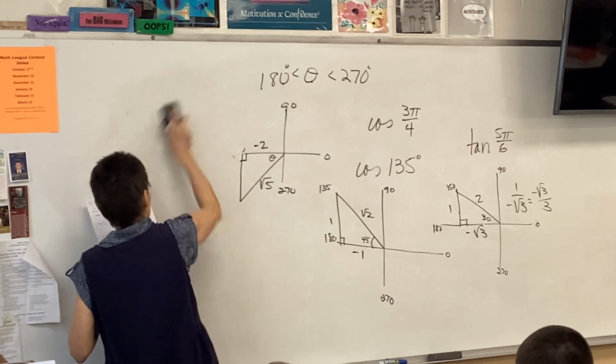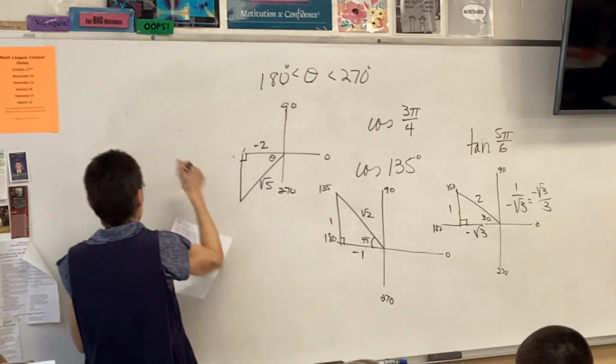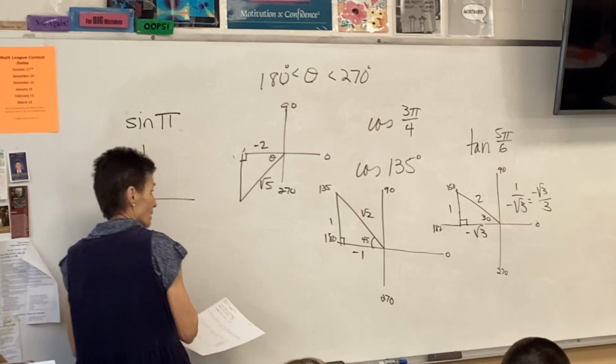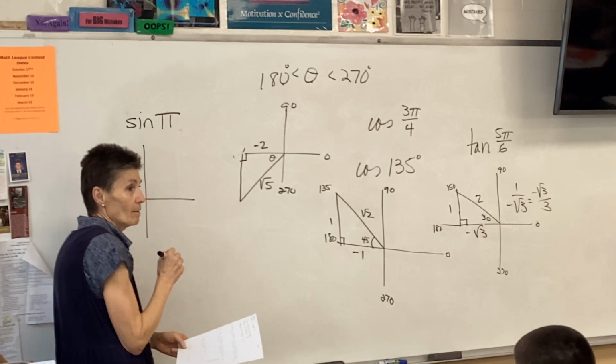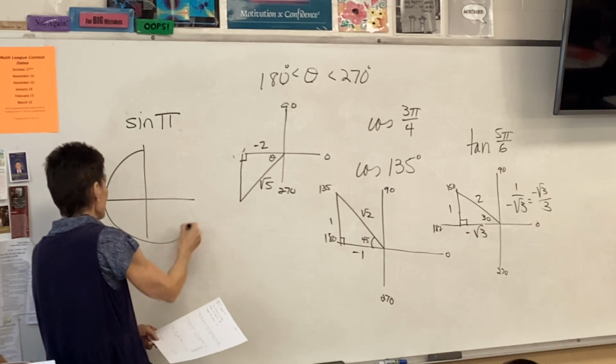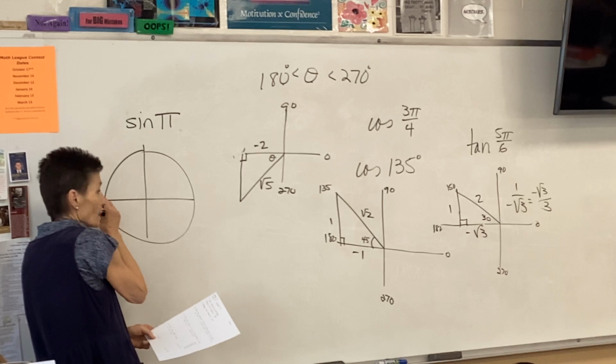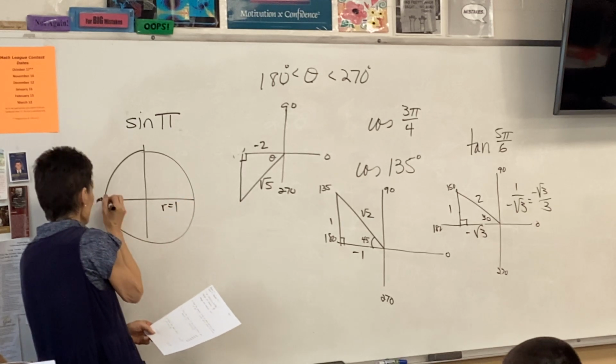Get rid of these last two, then we'll be out of time. Sine pi. Whoa, wait a minute. What's going on here? Sine pi. That's 180 which is right here, isn't it? So I'm gonna let the radius be 1.